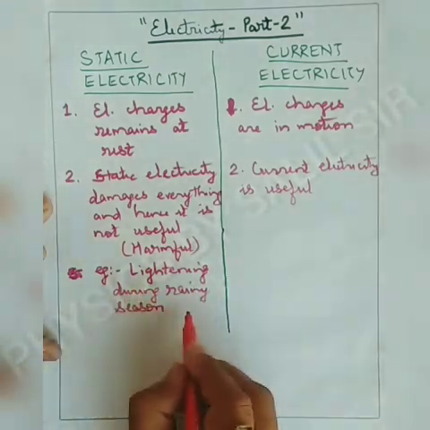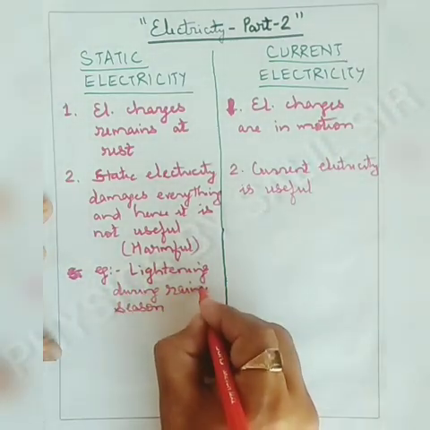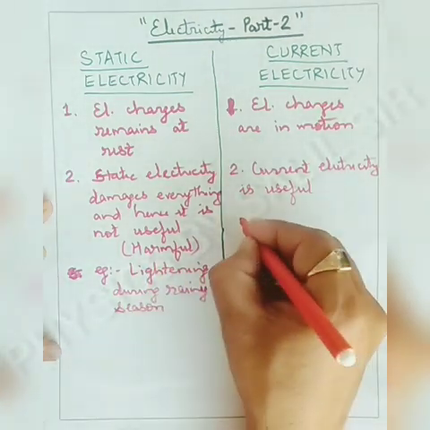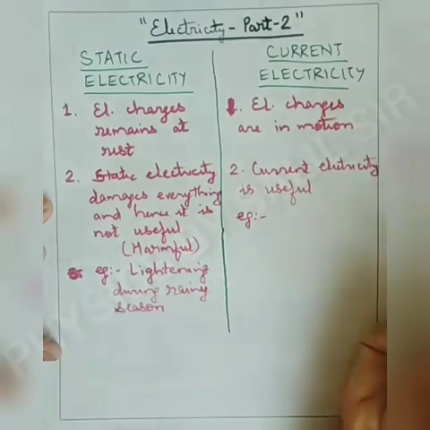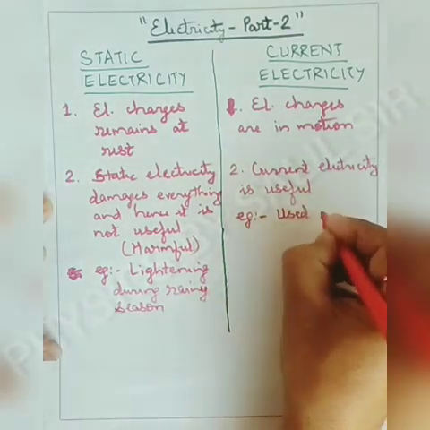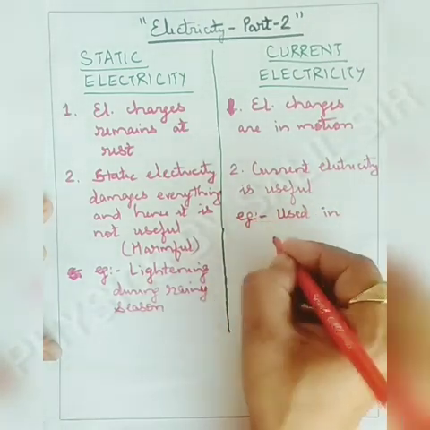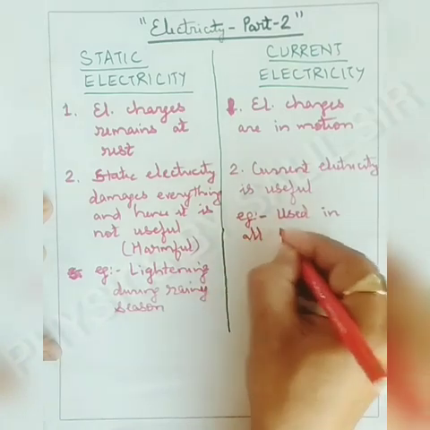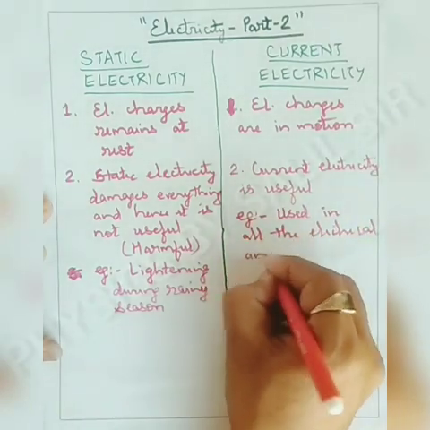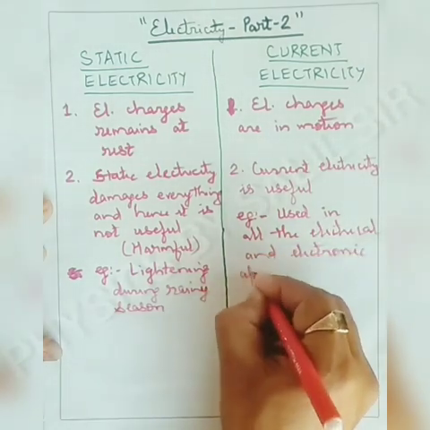This type of electricity which is observed during the rainy season is static electricity, and we all know that it is very harmful, whereas current electricity is useful because it is used in all the electrical and electronic appliances.